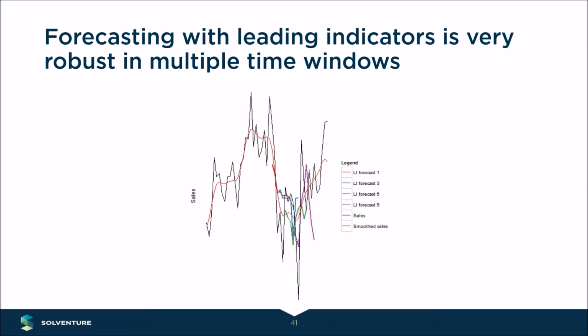A second important thing is that the leading indicator forecast is more stable. It does have peaks, but if you look at the trend forecast, the first forecast was over here when we were really in the declining phase.